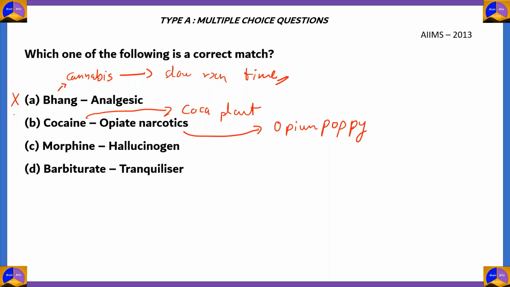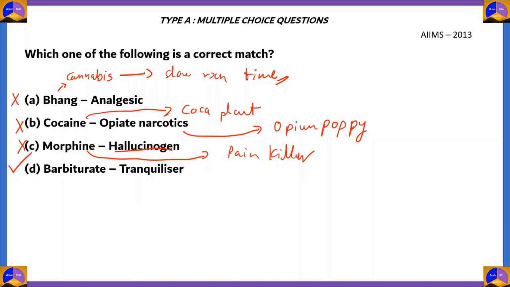So option B is incorrect because cocaine does not originate from the opium poppy. Now, option C, morphine hallucinogen. Now, the action of morphine is actually a painkiller, and it is not exactly a hallucinogen. Morphine reduces pain, so option C is incorrect.